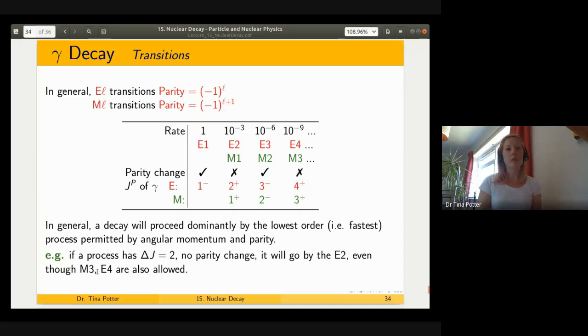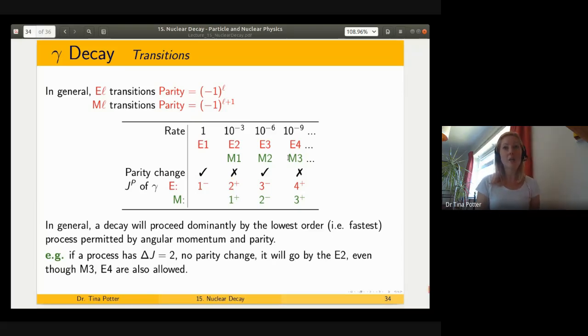So, for example, if you had a process where the difference in the spin of the initial and final states, the excited and the ground state, is 2, and there's no parity change, we would be sitting here, where you could go via the E2. That will give you a delta J of 2 and no parity change.